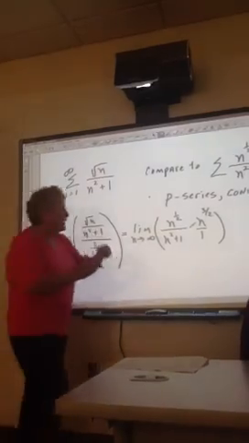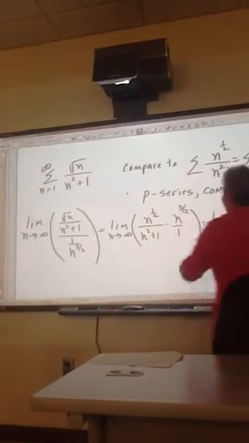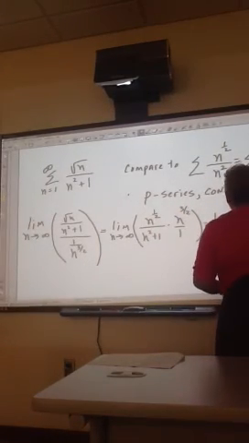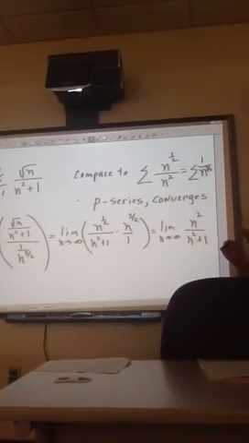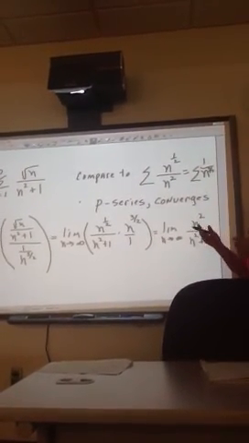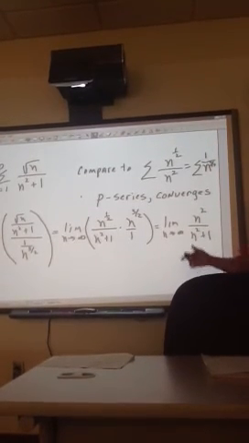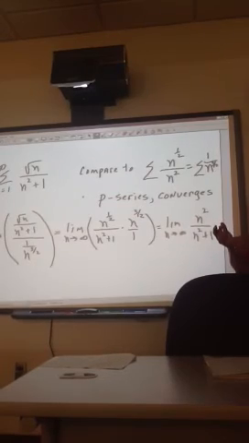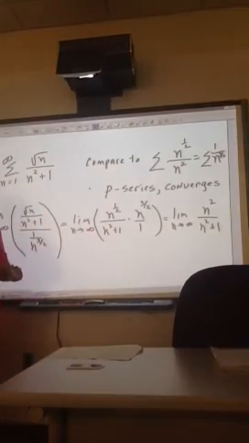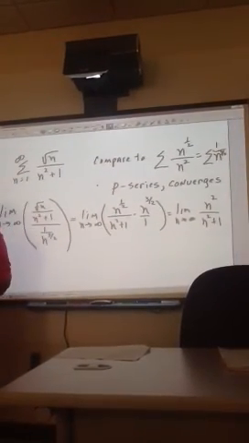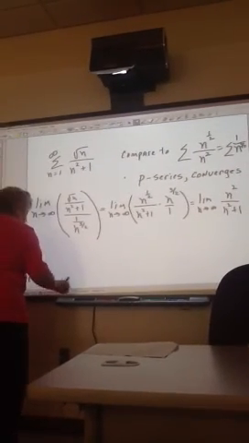Okay, so now what happened over here? We got a limit as n approaches infinity, n squared plus 1. Top's going to infinity, the bottom's going to infinity. So L'Hopital's or old Calc 1. You should divide everything by n squared.